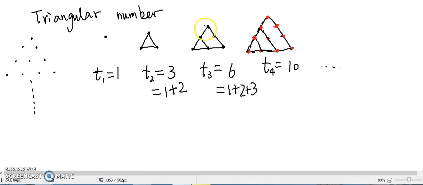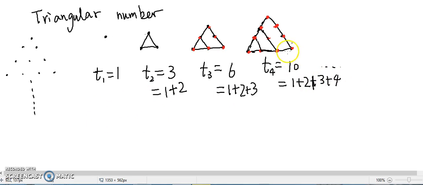Or you can count by the lines, 1 dot and 2 dots and plus 3 dots. And for the fourth, how do we obtain 10? Row 1, 1 dot, row 2, 2 dots, row 3, 3 dots, and row 4, 4 dots. And when we add them, we get 10.